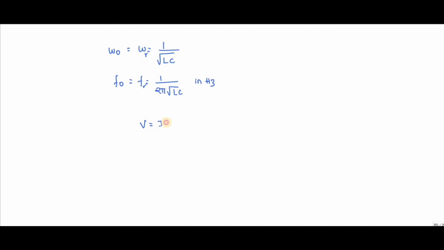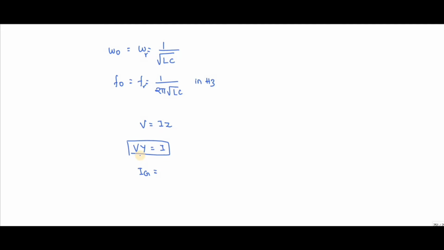We know that V is equal to IR, so therefore I can write it as V equals I Z, or V Y is equal to I. Here, if I want to find the current through this resistor, I can write Ig.